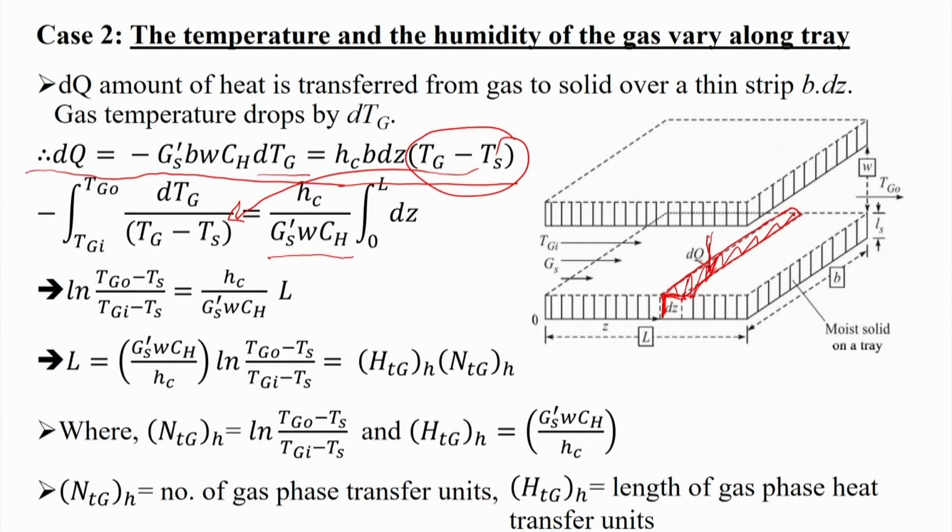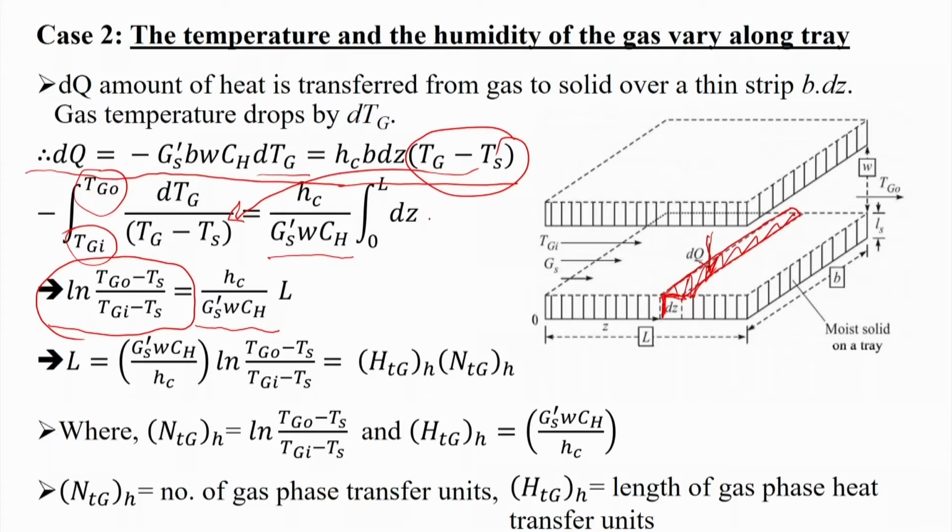Then by integrating from inlet to outlet, for a small slice at any point, and extending this for the entire length, from 0 to L, that is Tgi to Tgo, we get ln[(Tgo minus Ts) by (Tgi minus Ts)] equal to Hc into L by (Gs' into W into Ch).